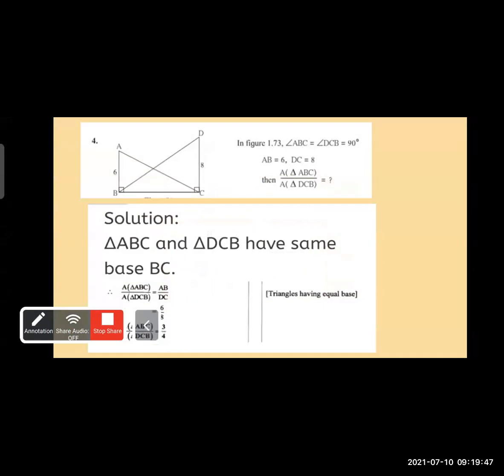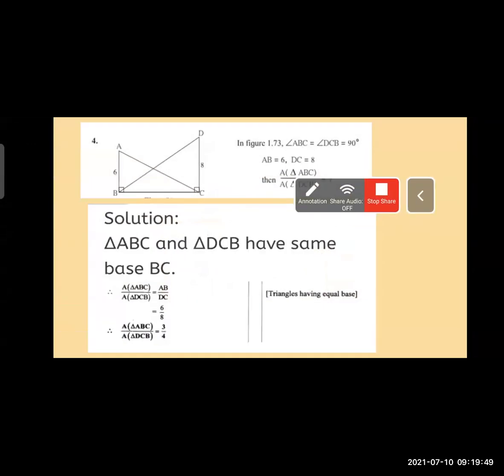Triangles ABC and DCB have same base. Therefore, we write ratio of area of triangle ABC to the triangle DCB is equal to AB by DC. Now we have AB is equal to 6 and DC is equal to 8. Then 2 3s are 6 and 2 4s are 8. So we get 3 by 4.